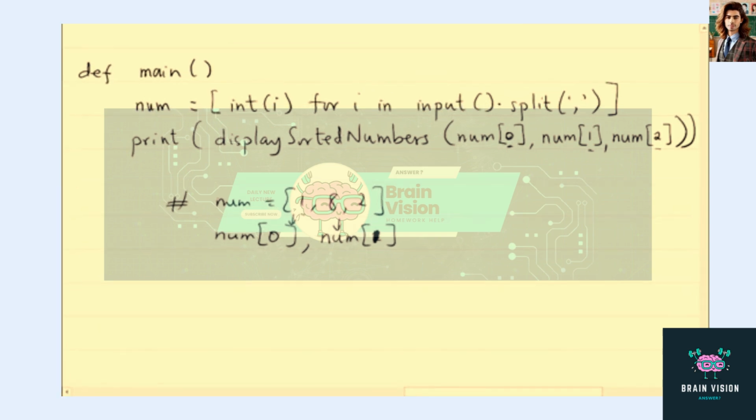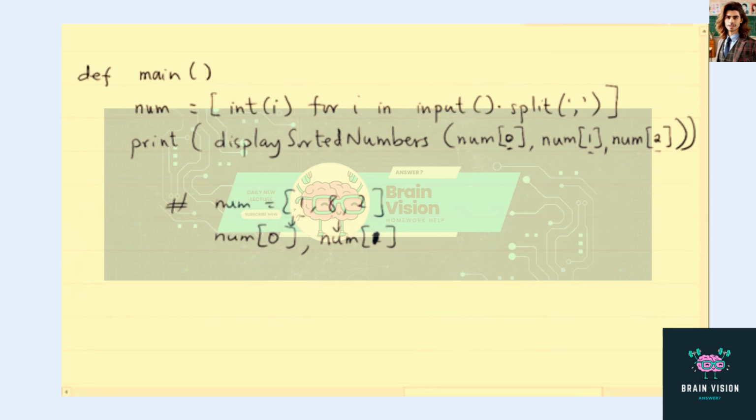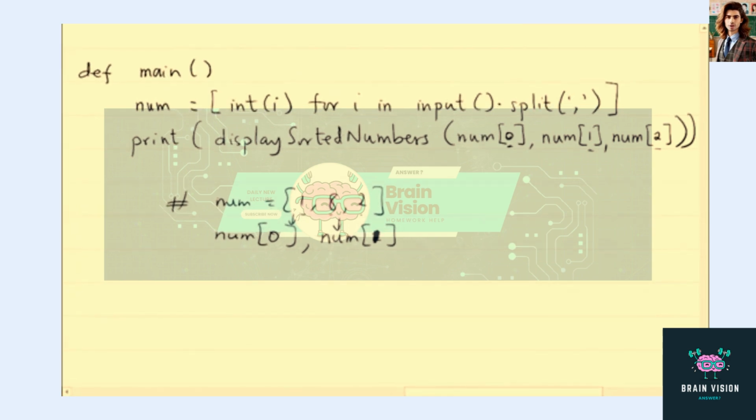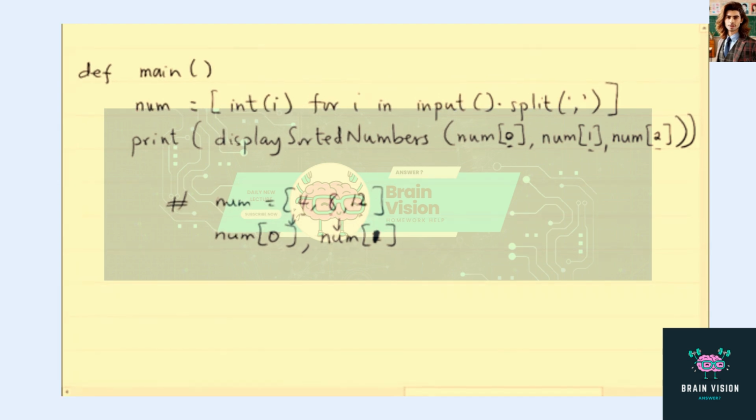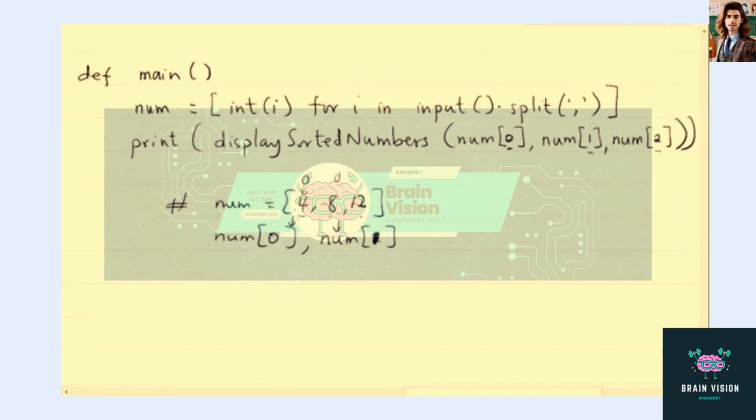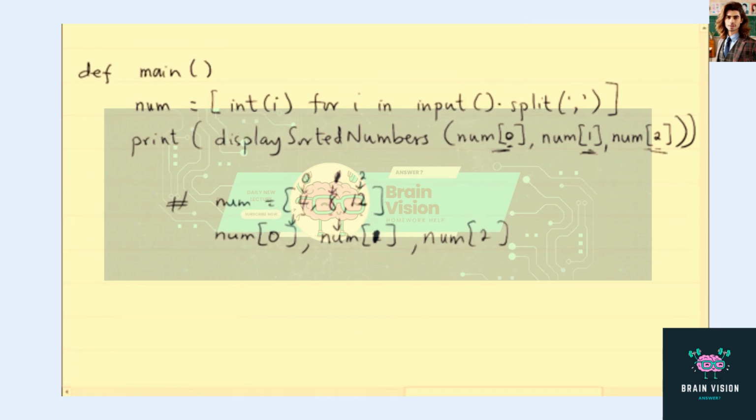So this is the 0th index, the first index, and the second index. So this can be any numbers, probably 1, 2. So I'll refer to index 0, index 1, then index 2. So that is why we have 0, 1, and 2, so that it would fill in for all the three numbers.